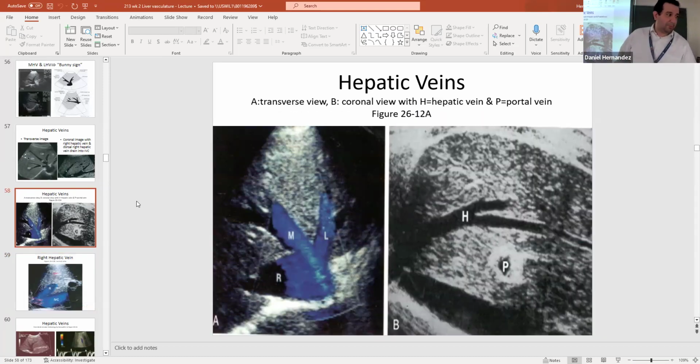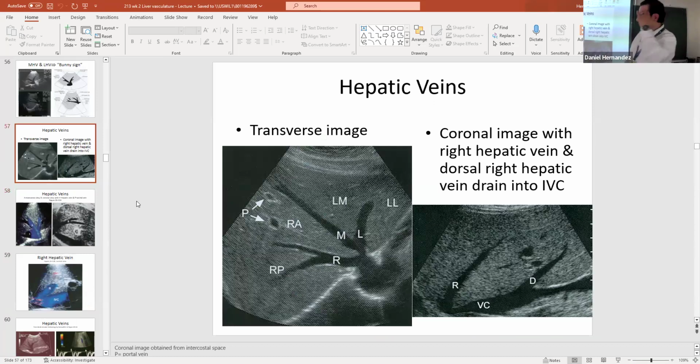When it comes to Dopplering, we're going to have to get nice color pictures of your hepatic veins to prove that they're not thrombosed, and that everything is flowing in the proper direction, draining out of the liver. Particularly with that right hepatic vein in the transverse view, oftentimes it's going to be perpendicular to your ultrasound beam, so when you put your color on, it's going to be very hard to fill that vessel with flow and very hard to obtain a Doppler tracing.